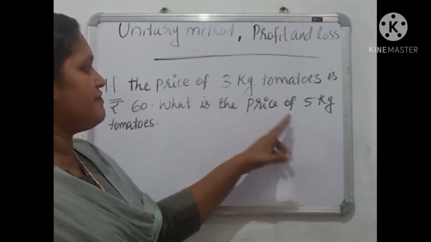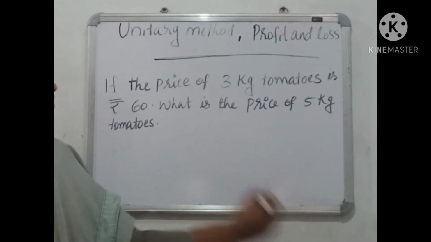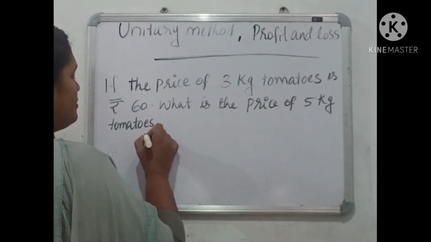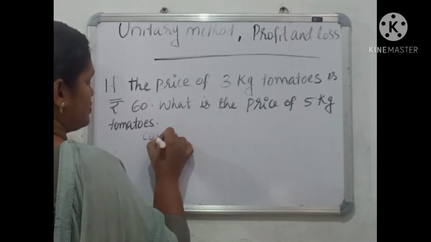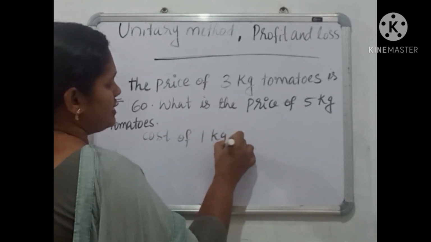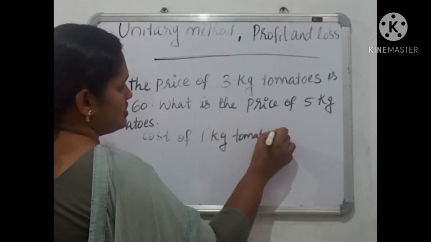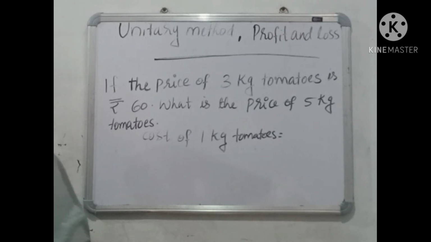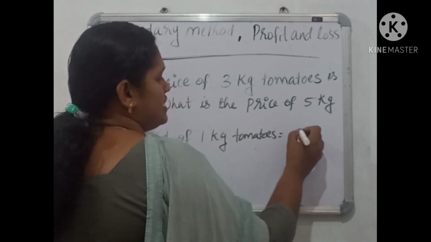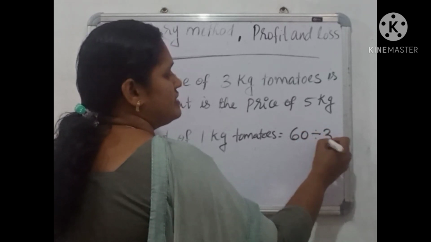To find that, first we have to find the cost of 1 kilogram. Cost of 1 kg tomatoes equals 60 divided by 3.